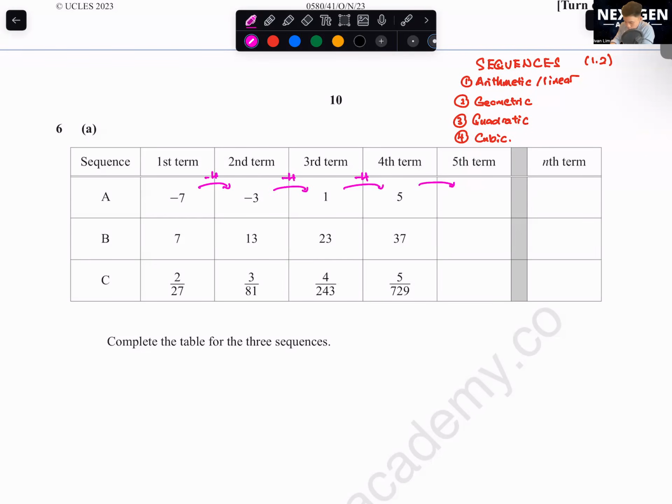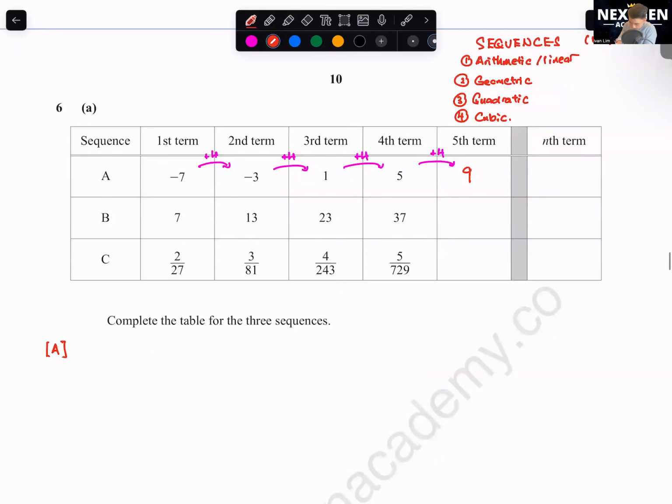This one you'll get 9. The first sequence is called an arithmetic or linear sequence. Arithmetic means you follow a plus or a minus type of pattern.